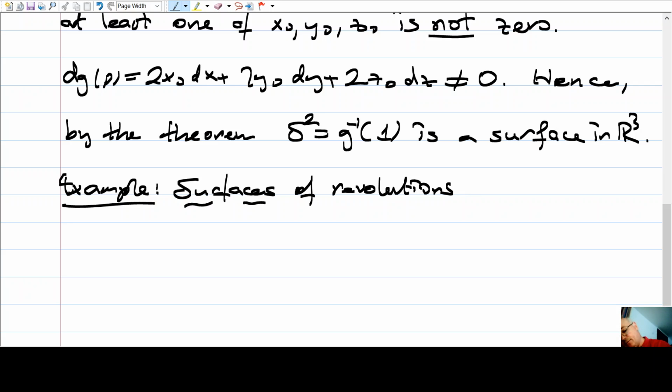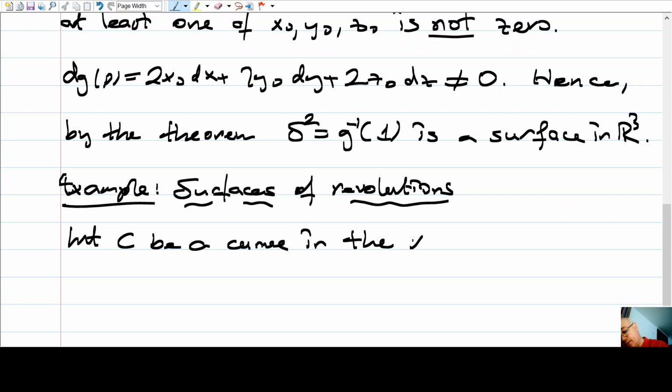So let me explain what this is. Let C be a curve in the xy plane. So in 3-space, but it lies on the xy plane.